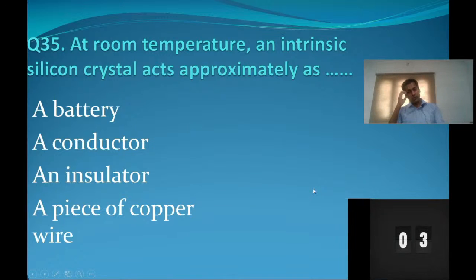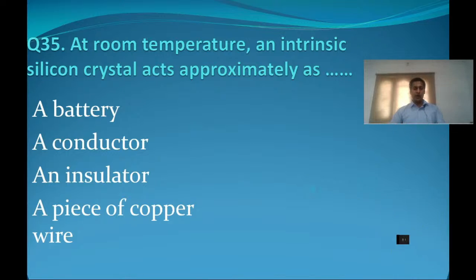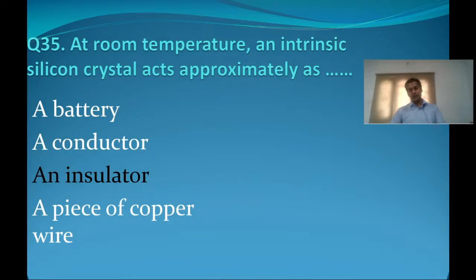In room temperature, how will an intrinsic pure semiconductor act? Either it will behave as a conductor, or a battery. Can we get battery operation from silicon or germanium? Can we call it a conductor if it does not conduct? Your time ends now. The answer is insulator.